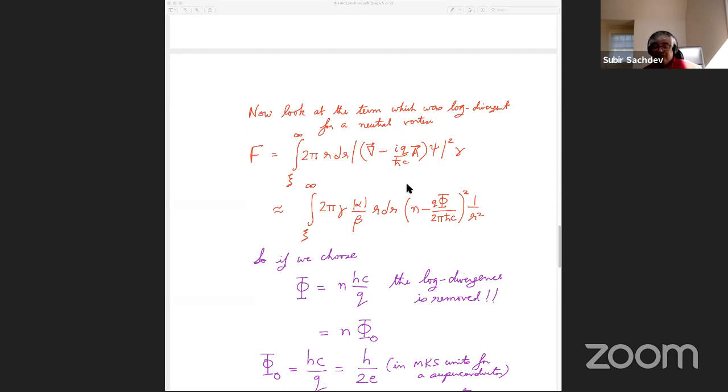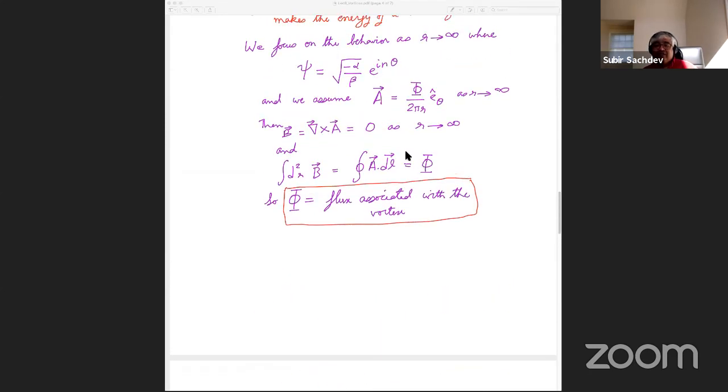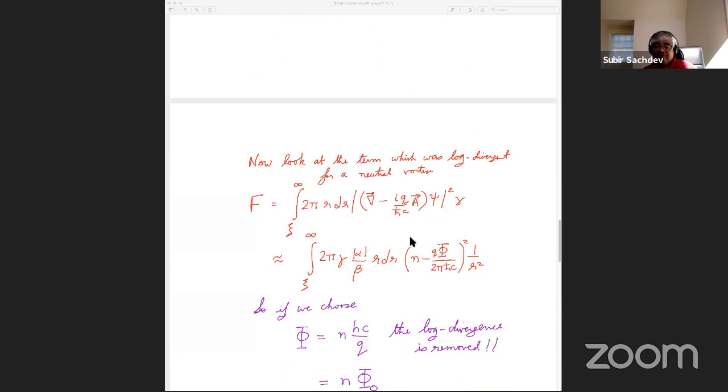And this is already pointing in the theta direction. And so you see, you just get this number, n minus q phi over 2 pi h bar c, times 1 over r squared. So if you pick an arbitrary flux phi for any given vortex with vorticity n, there's still a divergent term. It's just that this is the coefficient of the log r term.